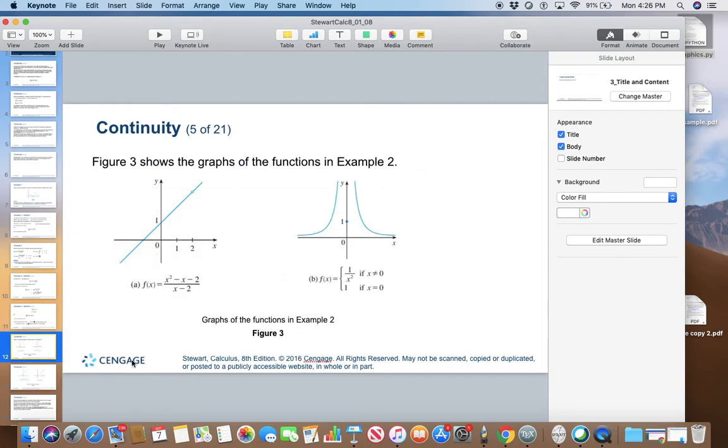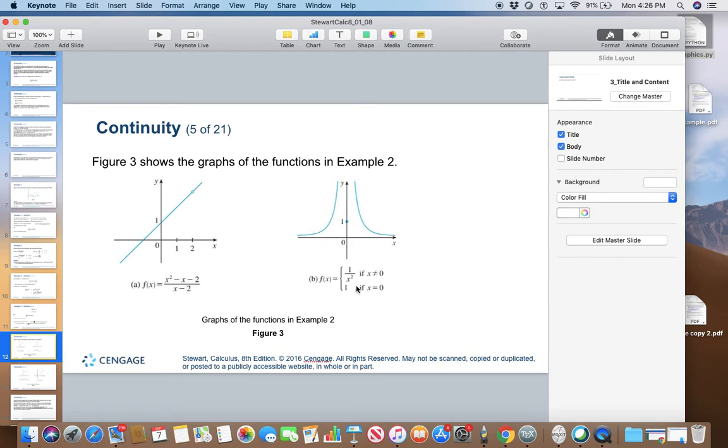These are the various graphs of the functions we just saw. (x squared minus x minus 2) over (x minus 2). You simplify it, you get x plus 1. That's the graph you get, except at 2. At 2, it's undefined. So this is discontinuous at 2. 1 over x squared looks like this.